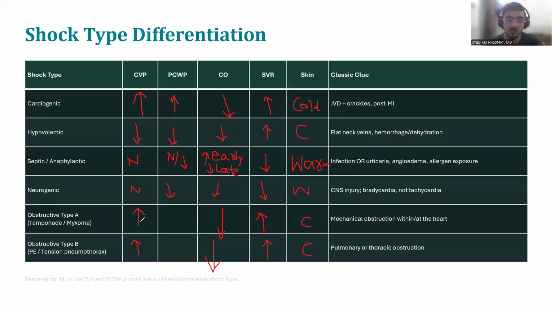Now let's jump to the pulmonary capillary wedge pressure. What will happen to it? If you see in type A, what are the causes? These are cardiac tamponade and cardiac myxomas. What I told you previously, whenever there is an issue with the heart, PCWP will always go high. Why? Because in a tamponade, the heart is not relaxing completely, and there would be a backup of blood.